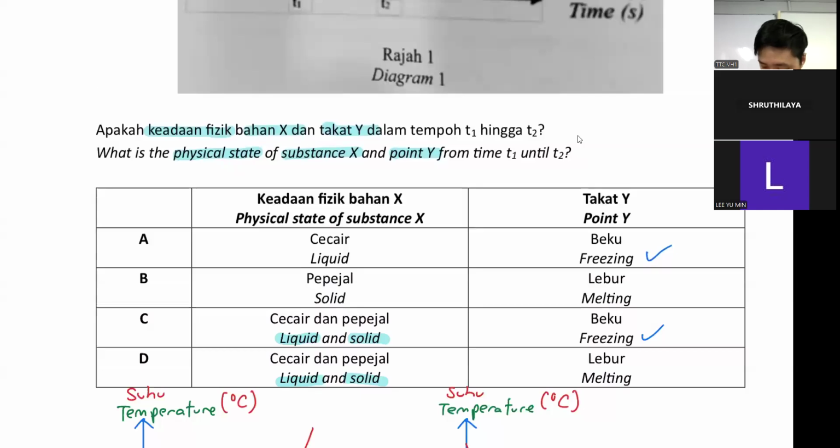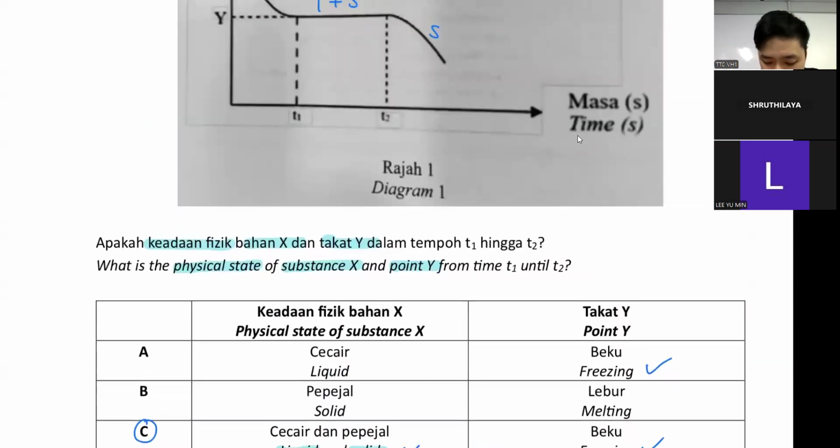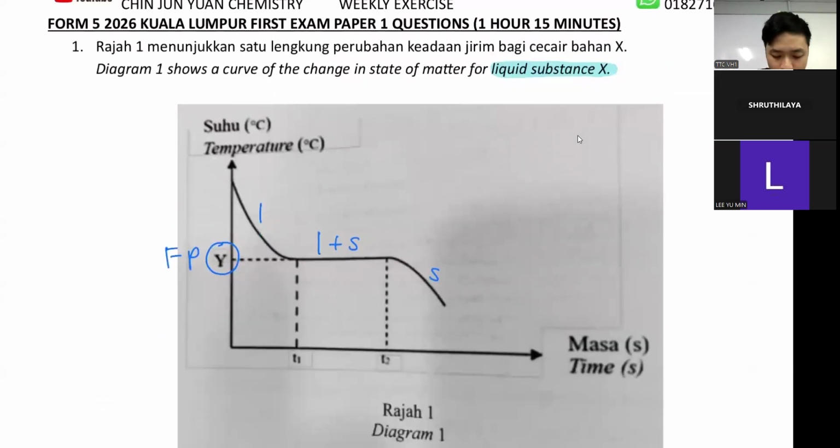So obviously, the best answer here is C, because Y is the freezing point. This question 1 is Form 4, chapter 2, by the way.